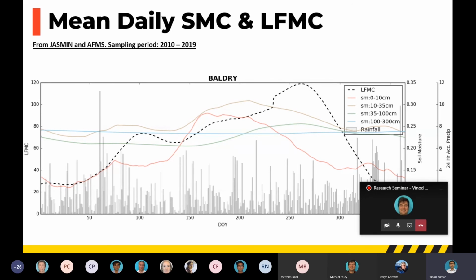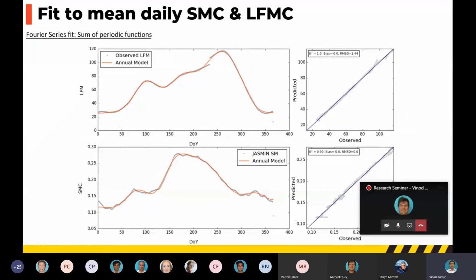So if we want to model live fuel moisture content data accurately, we have to consider a lot of these other physical factors. Unfortunately, we can't do it here, but we can easily apply simple mathematical models to capture this annual cycle.